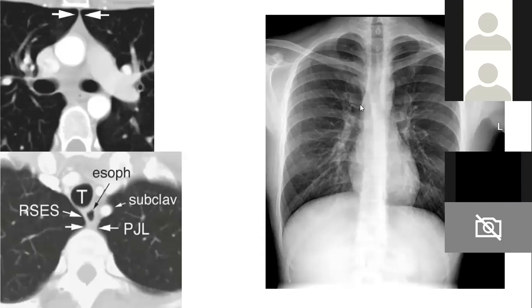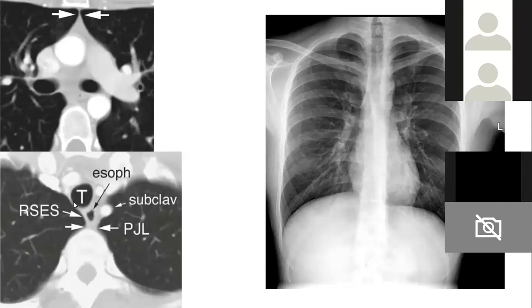Another thing that we can see here is this particular stripe along the right lateral margin of the trachea. This is called the right paratracheal stripe. It is formed because of the tracheal wall, with the tracheal air column on one side and the lung on the other side.